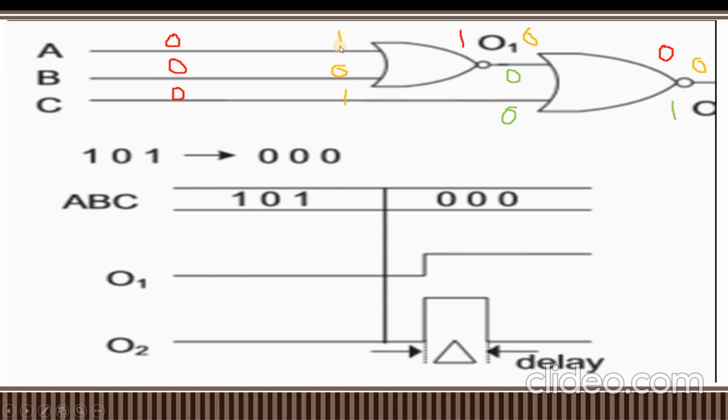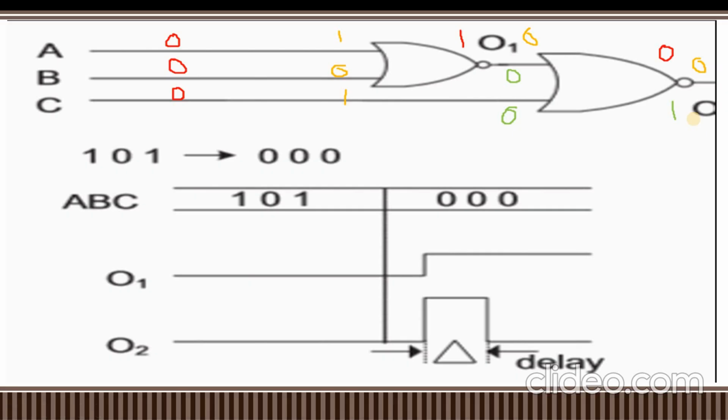Initially I am considering the input 101, so that I am getting the output as logic 0. If I switch from the input 101 to 000, I can get the output as 0. Ideally, for 0 gate delay, if the input changes from 101 to 001, the output remains at logic level 0.